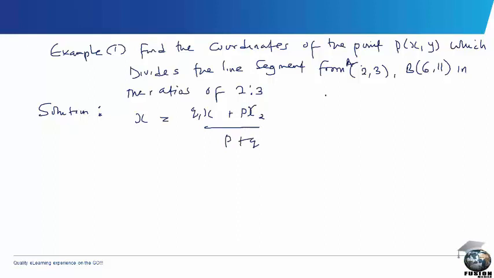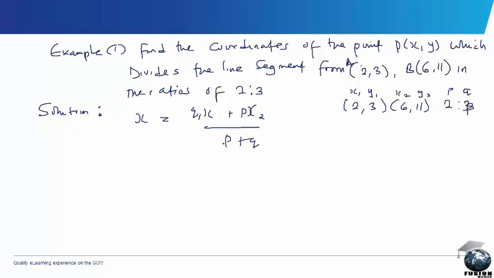Alright, so we have these coordinates 2, 3, 6 and 11, and then this is our x1, y1, x2, y2, and then 2:3 is p:q.